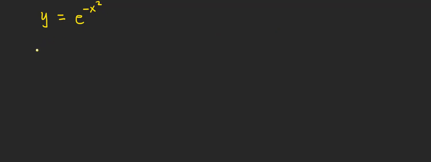So let's find the first derivative. You get y prime is negative 2x e to the negative x squared. And let's find the second derivative.